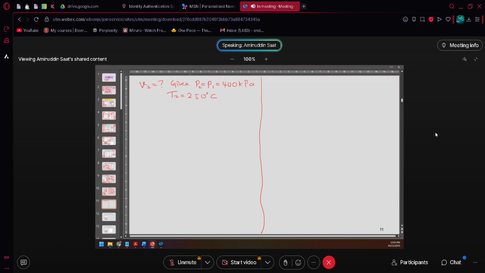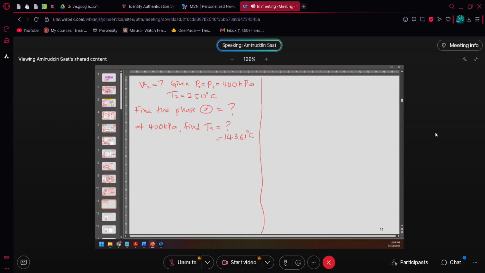So you use the same approach again. You need to find phase 2 first. At 400 kilopascal, find T saturation, and you know T saturation is 143.61 degrees Celsius because it is the same value.